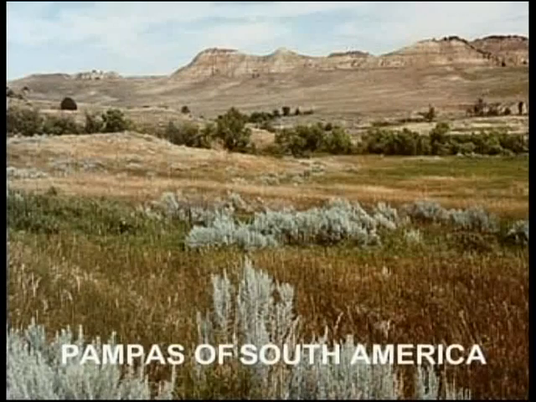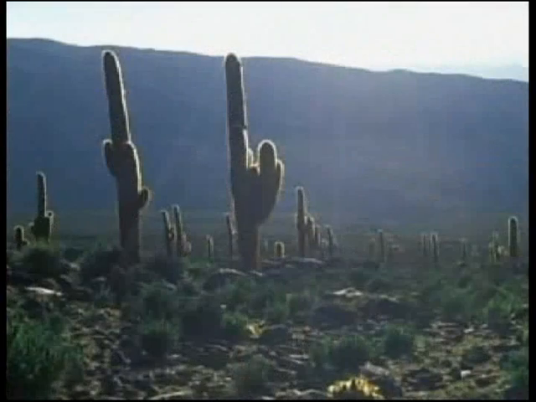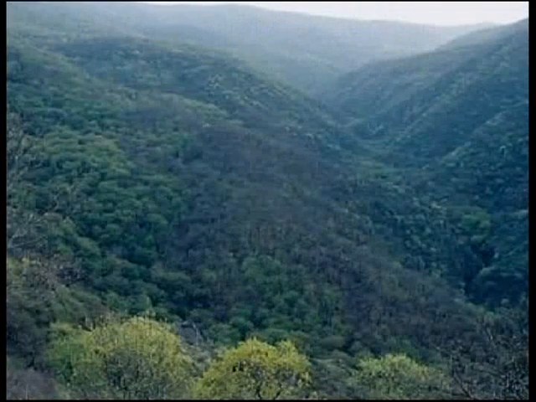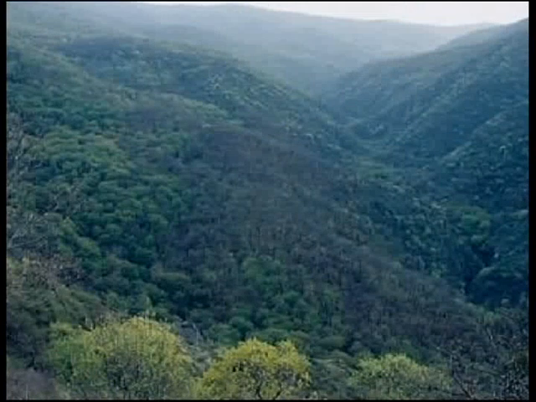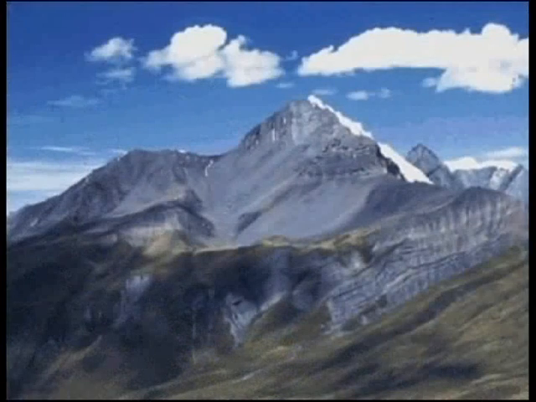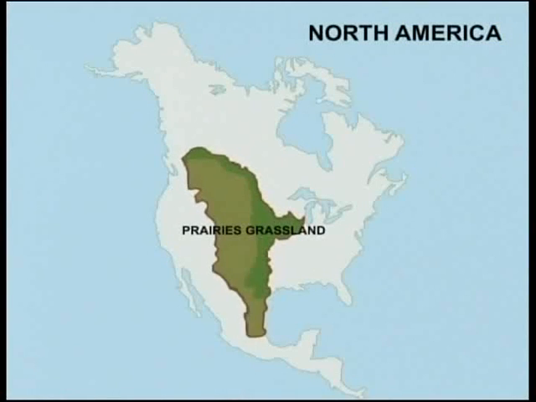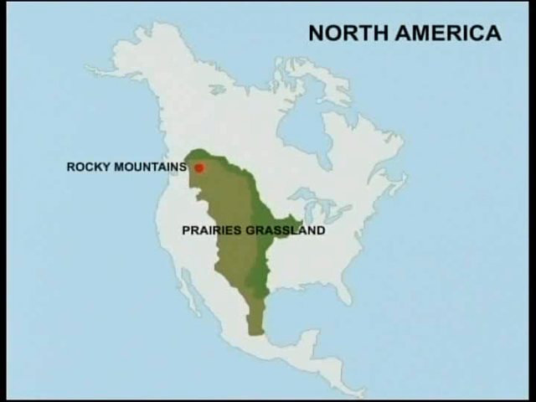The pampas of South America have milder winters and cooler summers than North America's prairies. But there are no ground frosts or snow. The prairies are located in central North America. They stretch from the Rocky Mountains east across the heart of the continent.